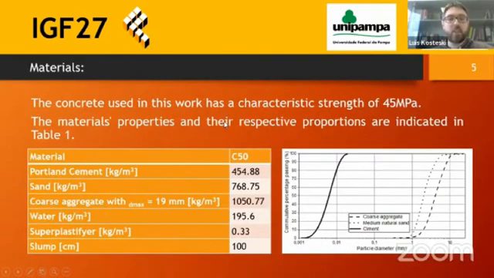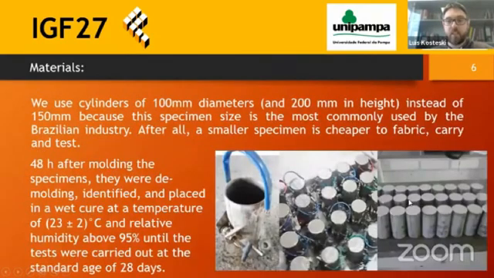For the experimental study, we use a concrete with a characteristic strength of 45 MPa. These are the material properties, and in this figure is the size of the material, and here is where we do the samples.